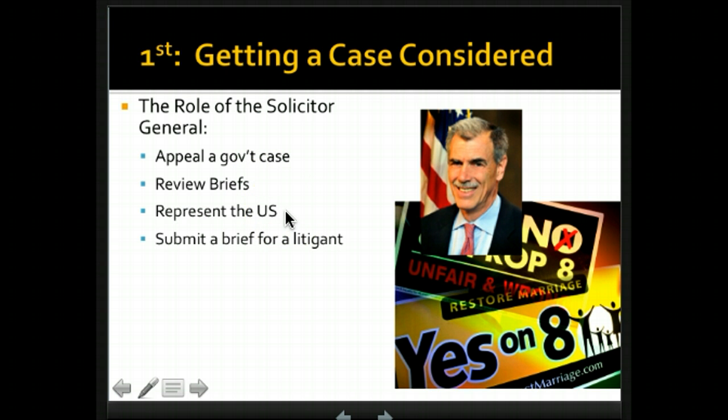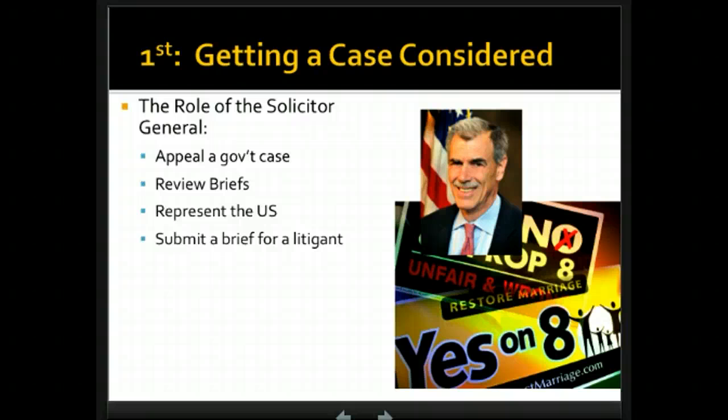Third, if the United States government is one of the litigants, like in a case of U.S. versus Nixon or U.S. versus Windsor, the Solicitor General is the one who's going to represent the federal government. Fourth, the Solicitor General can submit a brief on behalf of a litigant in a case in which the government may not be directly involved, but that the government is kind of rooting for one side or the other.